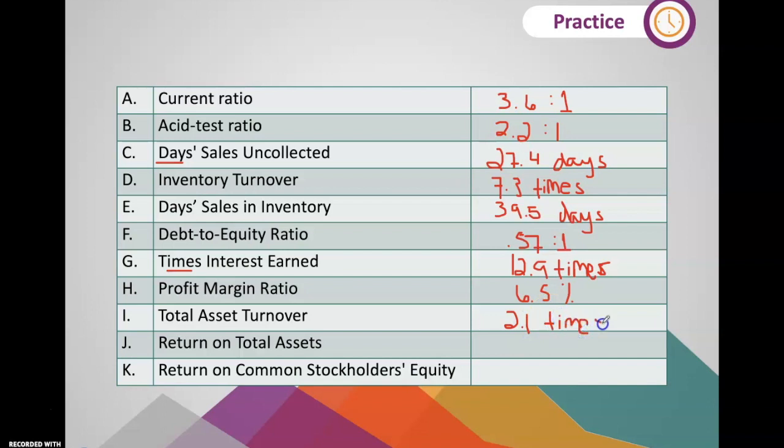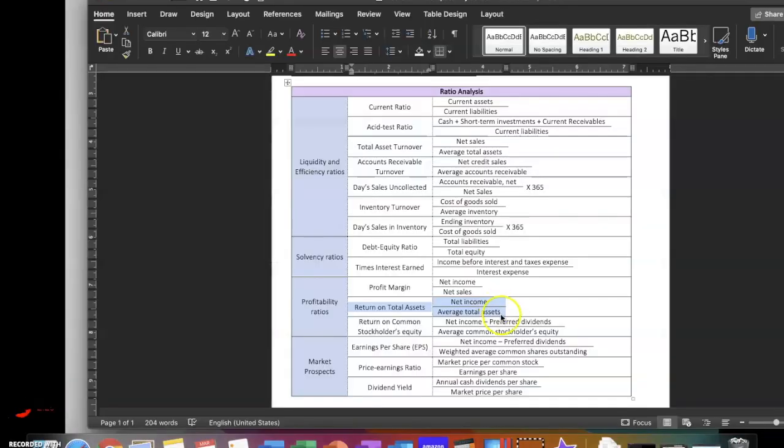Next, we have return on total assets. That is net income divided by average total assets. So we can use the same denominator that we used before because it's still average total assets, but the numerator changes. So it's net income instead of net sales.